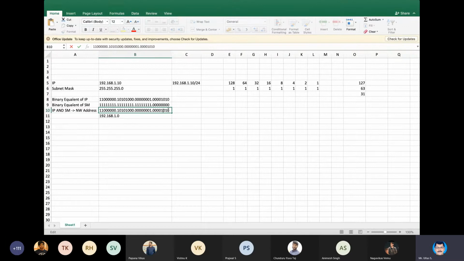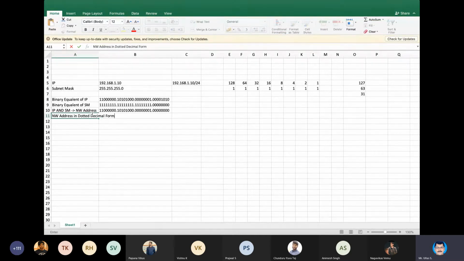So this is the equivalent decimal, okay. Network address in dotted decimal format. All right. So that's all the basics what we have studied already.